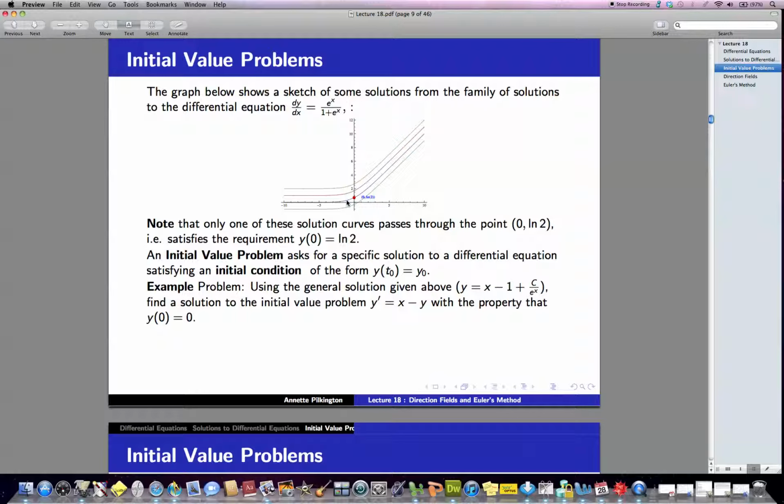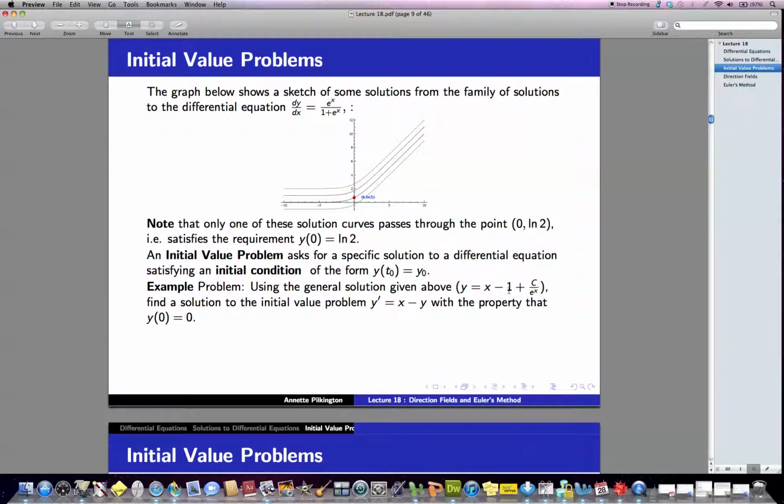You see, for any particular point, for example, if I take the point where y of 0 equals ln of 2, there's a unique one of these solutions passing through that point. And so we have a similar thing going on with solutions for differential equations. In general, we write the general solution to a differential equation in this form.